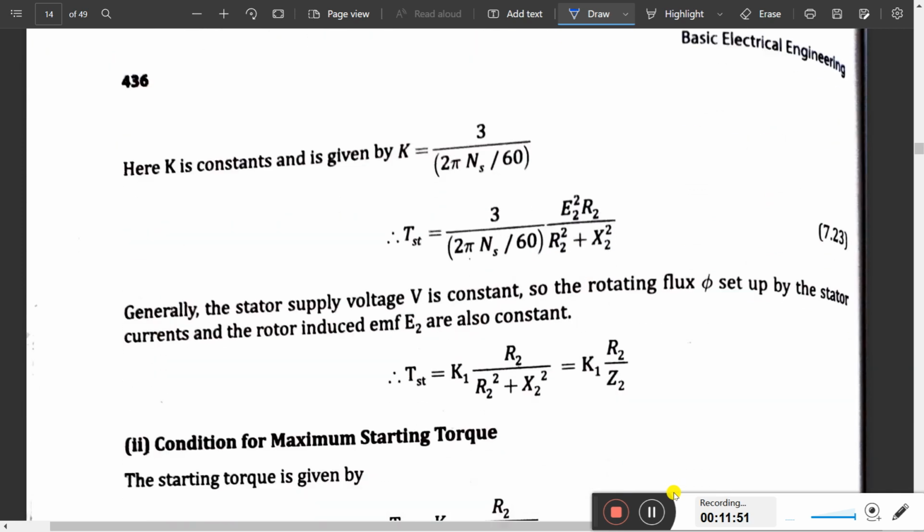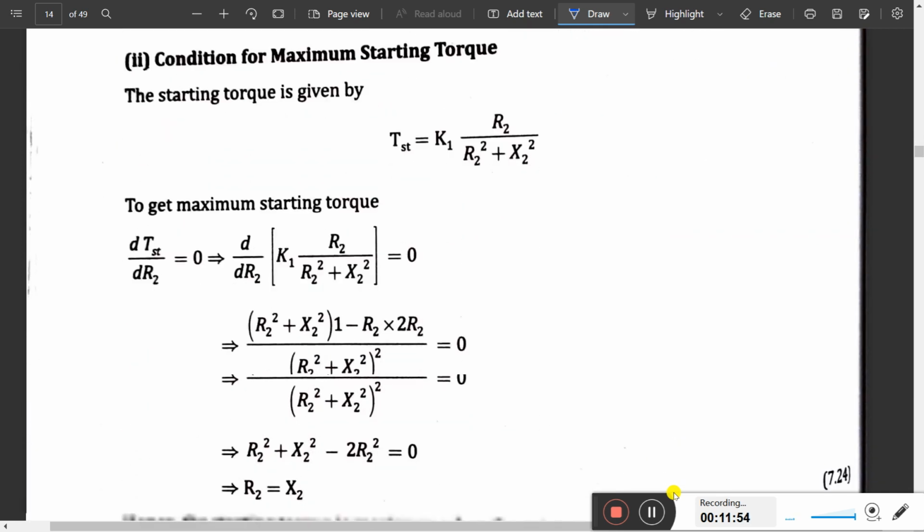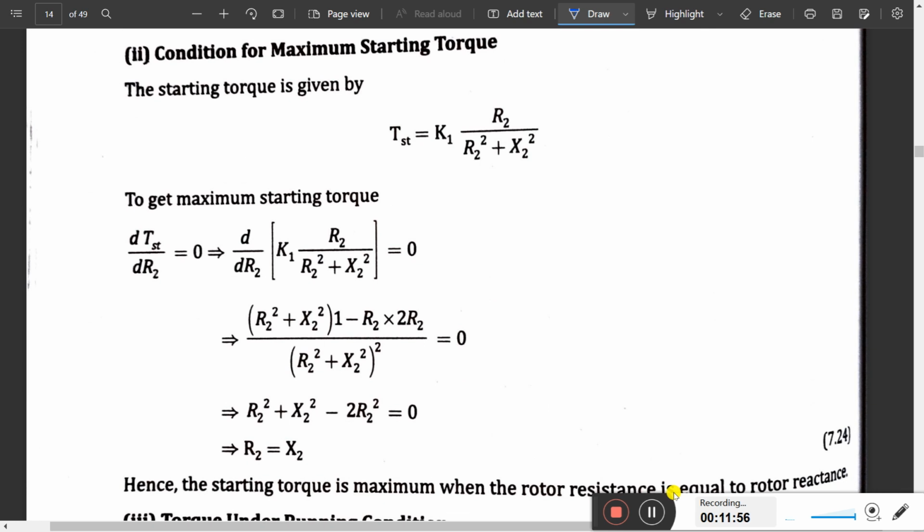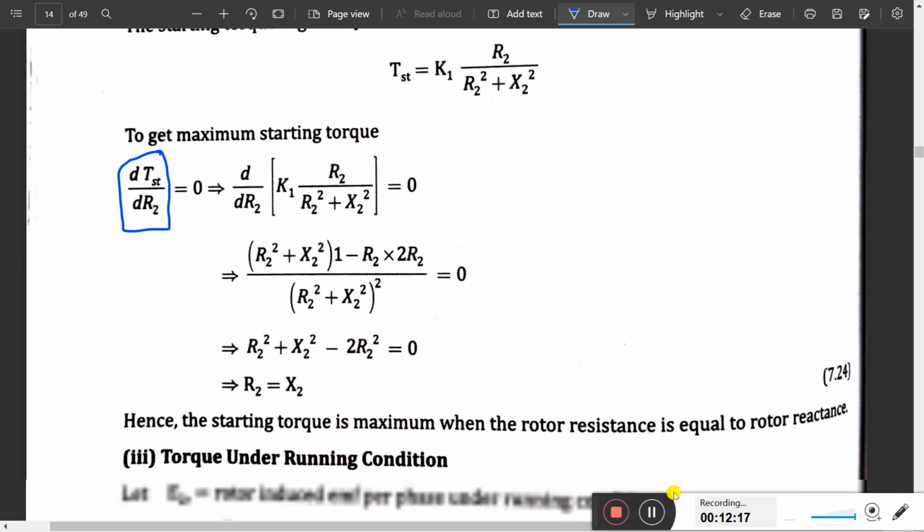Now coming to the condition for maximum starting torque. Try to observe this. We already discussed we have three types of torque. To get the maximum condition, we should differentiate with respect to R2, the variable resistance, that is nothing but a load: d by dR2 of k1 into R2 by R2 square plus X2 square, equating to 0.